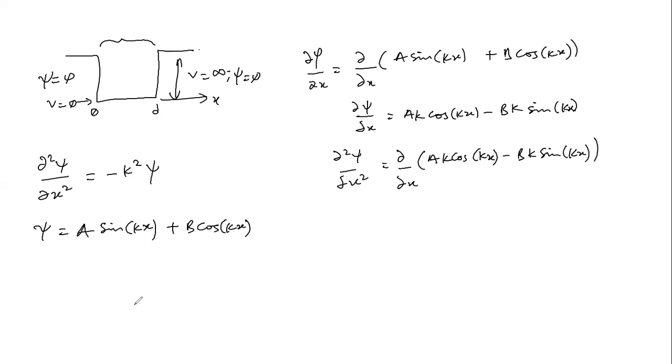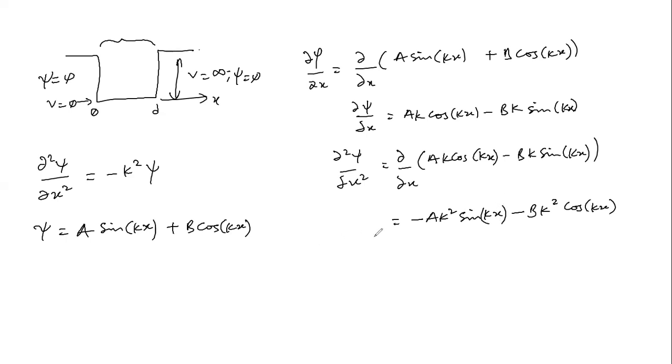By chain rule also, if we differentiate cos, it gives us a minus sign, so that's minus a, k times k is k squared, sine kx. Then minus, if we differentiate sine, we get cos, so this is b k times k, k squared, cos kx. So this is what we have.